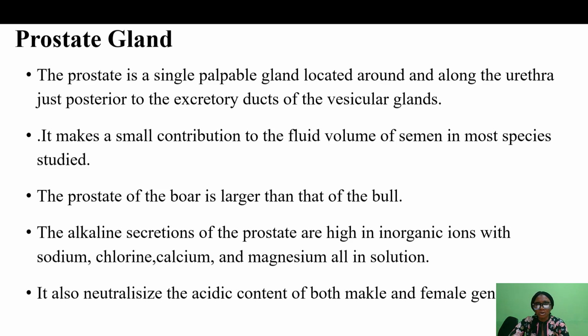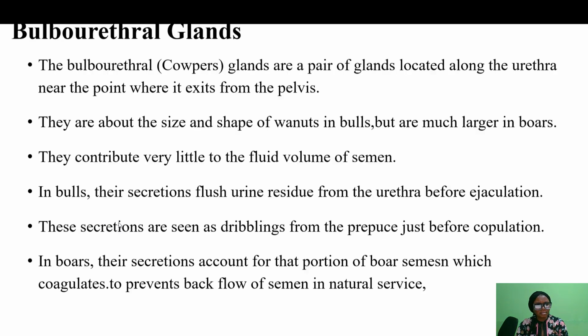This alkaline secretion is the portion of the fluid of the accessory gland that neutralizes the acidic medium. It also contains inorganic ions such as sodium, chlorine, calcium, and magnesium. It neutralizes the acidic content in the male and female genitalia.